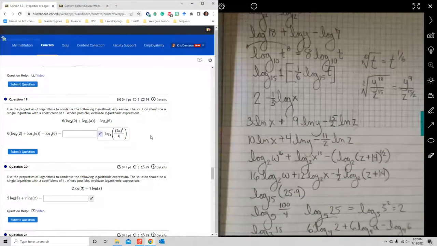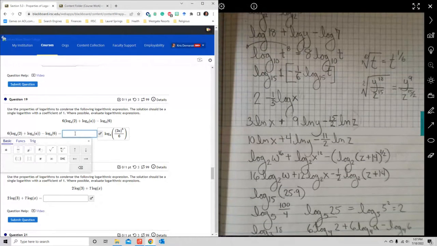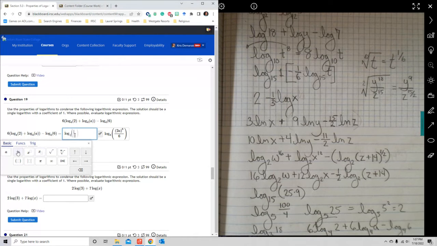Mine is expanded, so I'm curious whether that would be an acceptable answer, which it should be. But I always like to show my students that I can get it wrong just like you can, but I'm going to learn from the parameters of this particular system. I want to know what the tolerance is, because I know this is equivalent, but do they want it like that? We'll see. Here we have it.